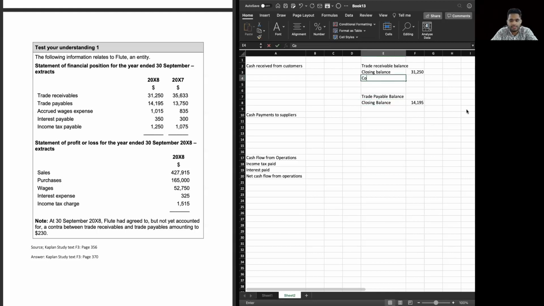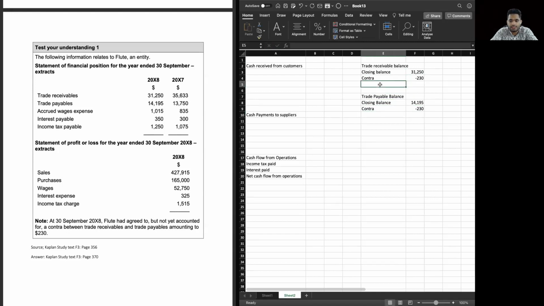So when you have a contra or a set off, your trade receivables will decrease by 230, and your trade payables will also decrease by 230.